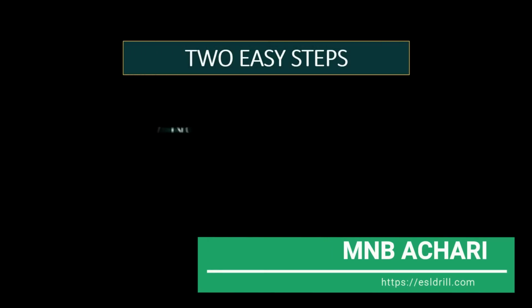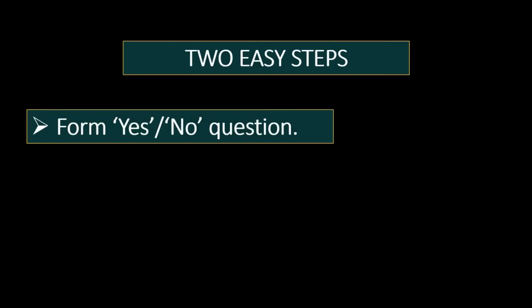There are two easy steps to frame WH questions. The first step is to make yes or no questions. You know there are two types of questions, yes or no questions and then information or informative questions, which we call WH questions. Now questions like, is your brother in the house? It needs a yes or no answer.